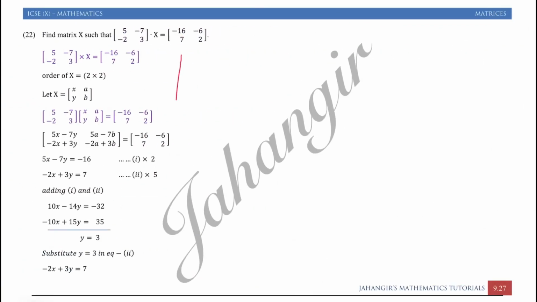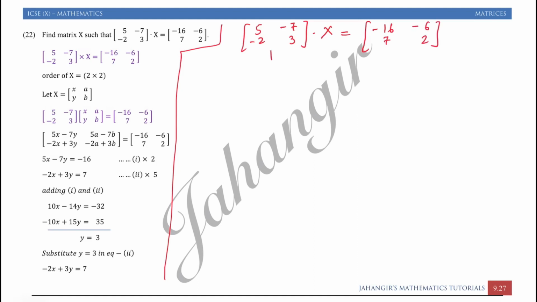Next question is a similar type of question. First matrix is [5 minus 2; minus 7 3] multiplied by X, that is equal to [minus 16 7; minus 6 2].